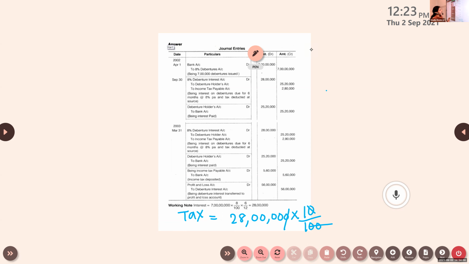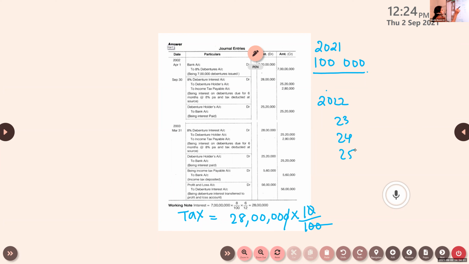Suppose an advertisement incurred 1 lakh rupees. They deal with crores, but I'm taking 1 lakh rupees. This expense is incurred this year, say 2021, but the company expects the benefits in the upcoming years, 2022, 23, 24, 25.